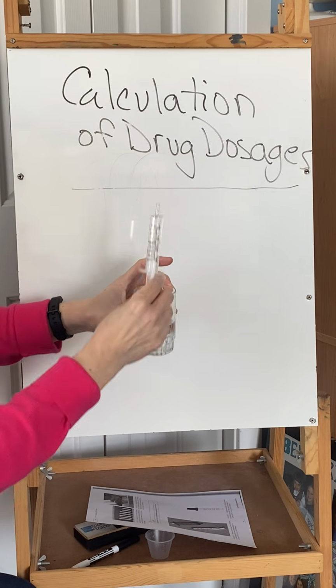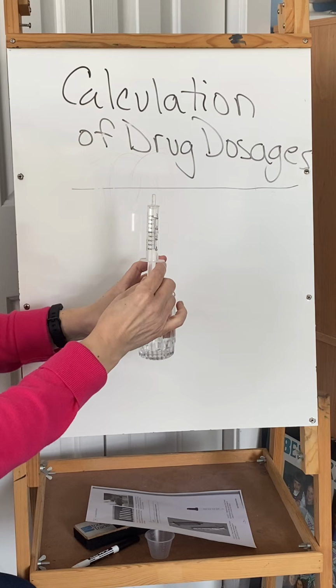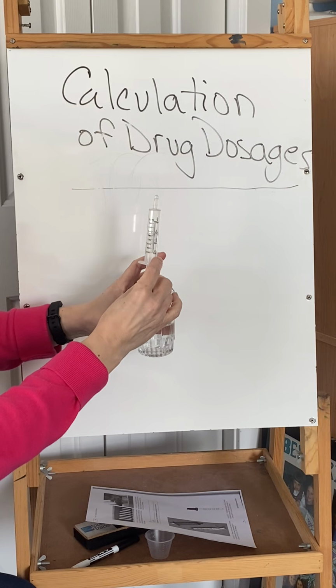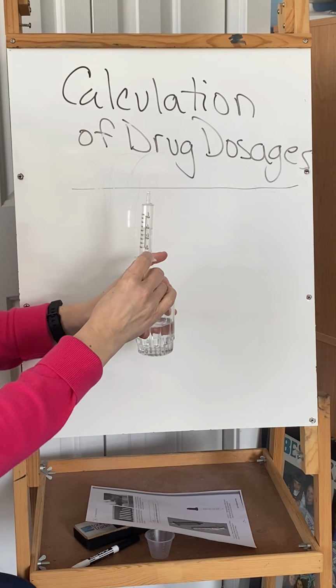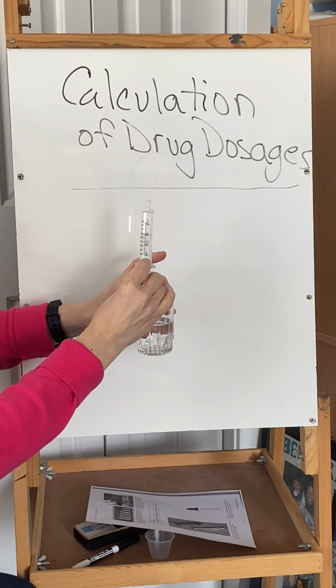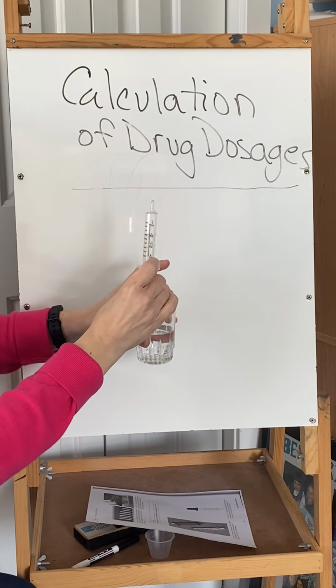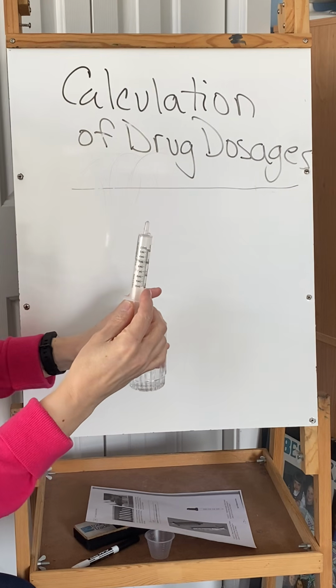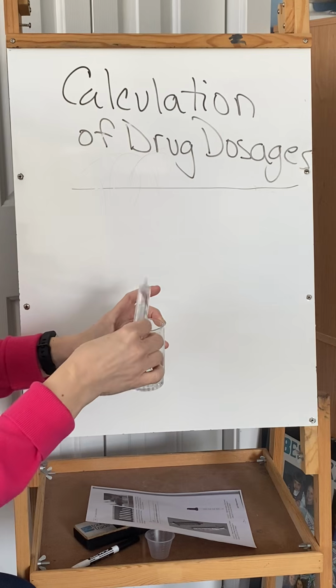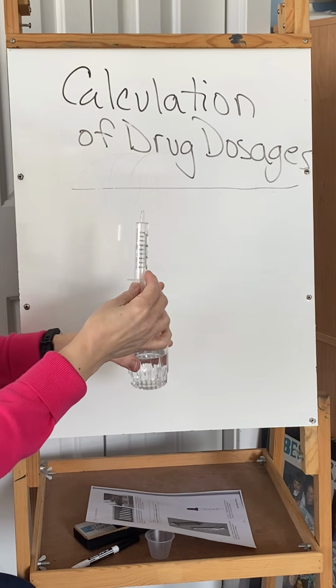So I would push it up. I'm going to hold it over the glass here. And I'm going to push up. There I go. Now I'm right at the 5 ml. No, actually I'm not yet. Now I am.